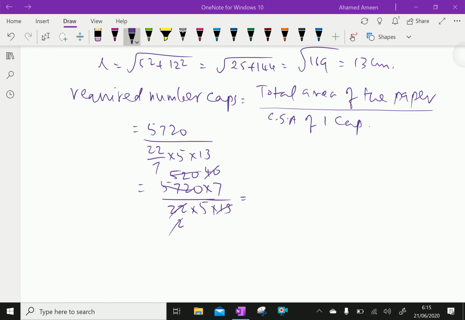Cut by 2 is 20, 20 into 7 is 28 caps. We can get 28 caps from the given size of the paper.